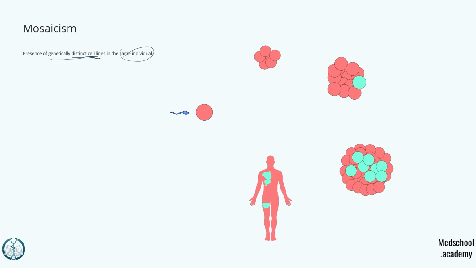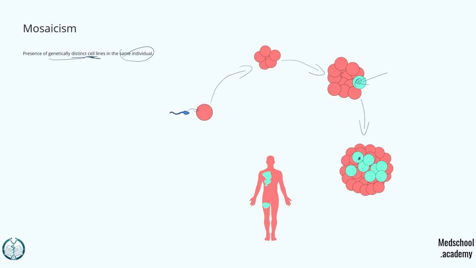So let's say when the sperm fertilizes an egg, we know it's going to start to replicate, and let's say there is a mutation that occurs here. As you can see, this represents a mutated cell. So obviously it's going to replicate more and more, and eventually it's going to have a few mutated cells. So this represents the mutated cell line.